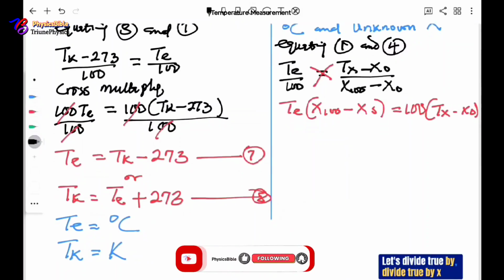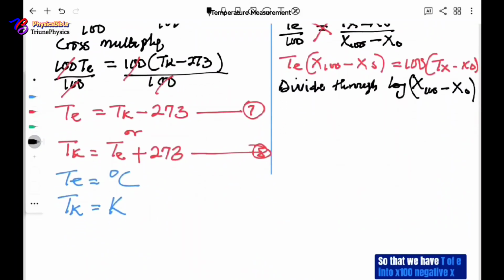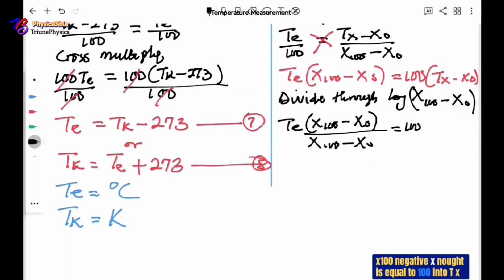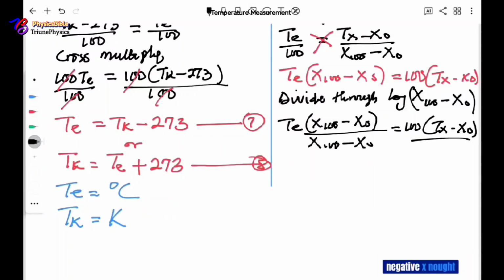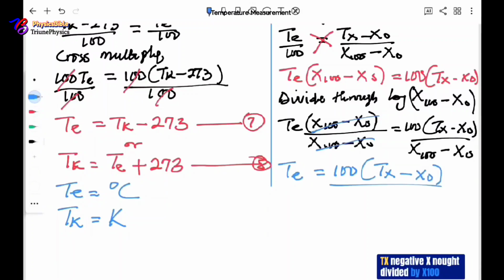Let's divide through by (X_100 − X_0), so that you have T_E into (X_100 − X_0) divided by (X_100 − X_0) is equal to 100 into (T_X − X_0) divided by (X_100 − X_0), so that the (X_100 − X_0) cancels on that side, and then T_E will now equal 100 into (T_X − X_0) divided by (X_100 − X_0).